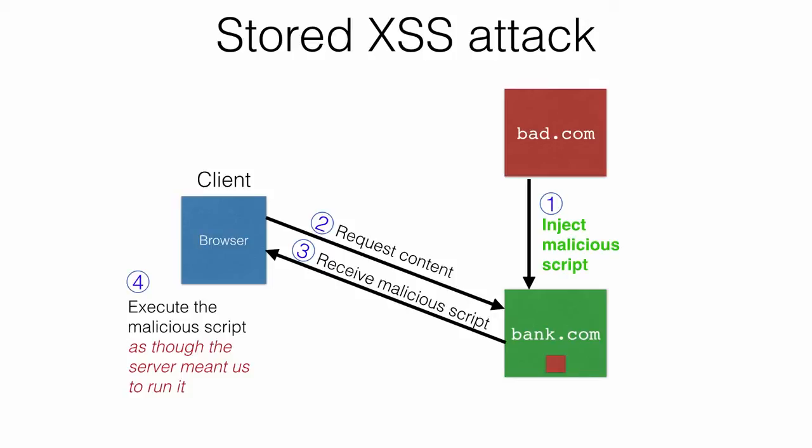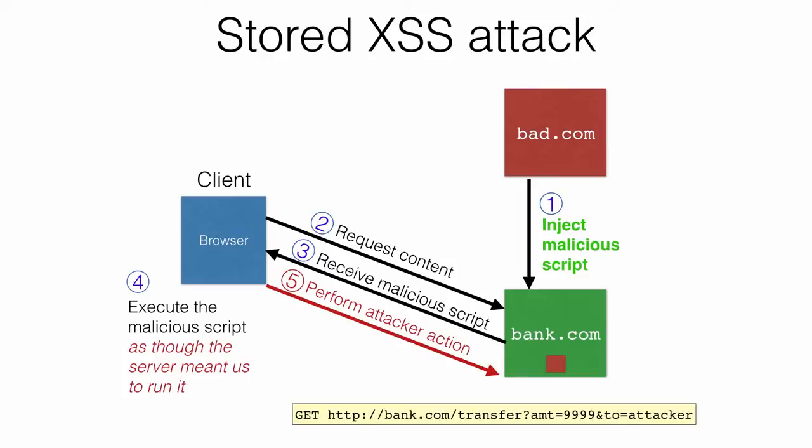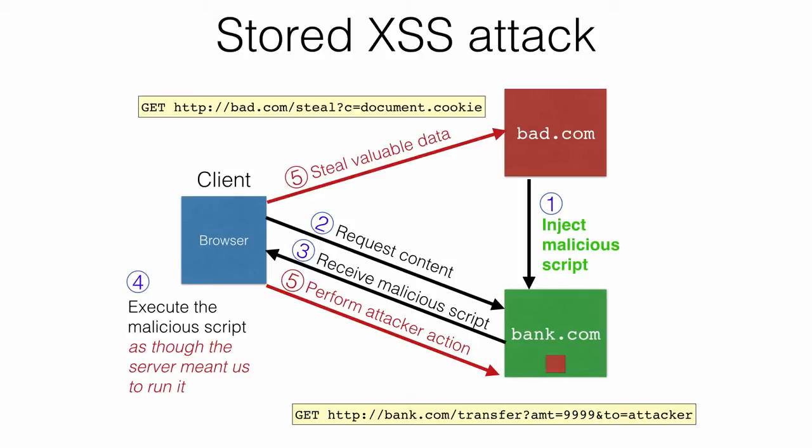The client's browser will then execute that malicious script as though the bank website intended to provide it. As a result, that script can do nefarious things like perform attacker actions, such as initiate a bank transfer, or steal secret data like document cookies to send back to the bad.com site.